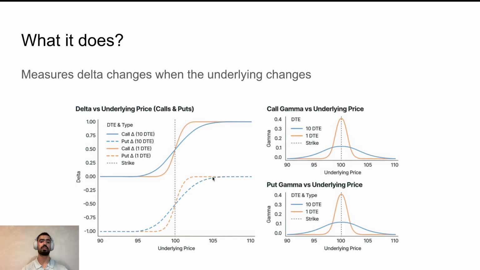So what we understand here is that delta is increasing with the underlying price for an option. And gamma measures that change. It's simply the derivative, so you don't need the calculus class here. It's just the slope, right? The slope is what is drawn here. It is the gamma versus the underlying.